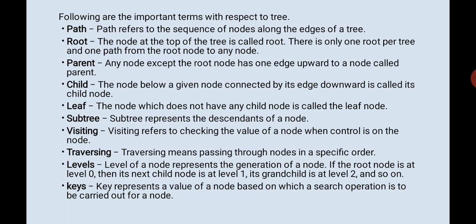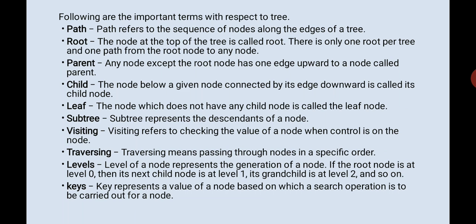So there are these important terms that you need to know when you are dealing with trees. See, path. What's a path? A path refers to the sequence of nodes along the edges of a tree. So along whatever edges you are proceeding, that is a path, the sequence of the nodes. Root, that is the node at the top of the tree, is called the root.